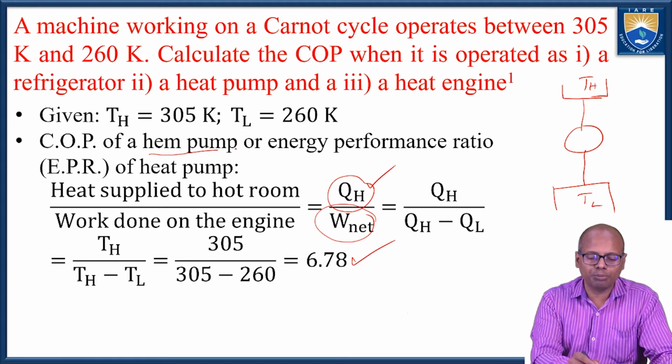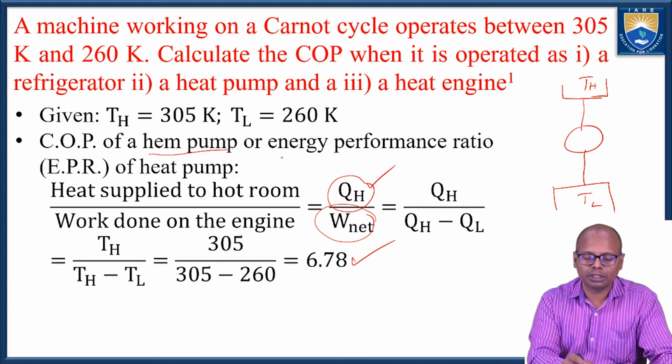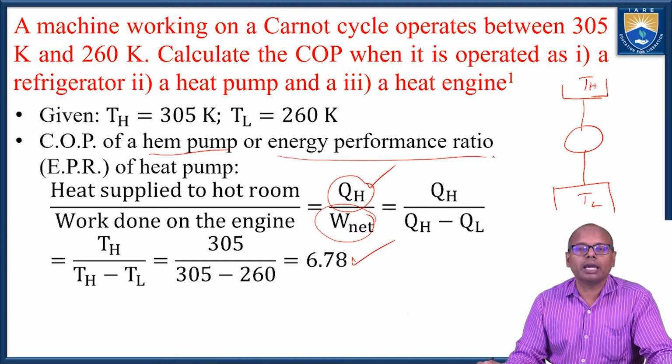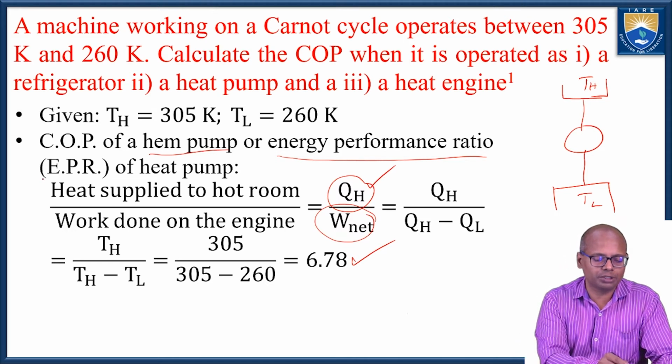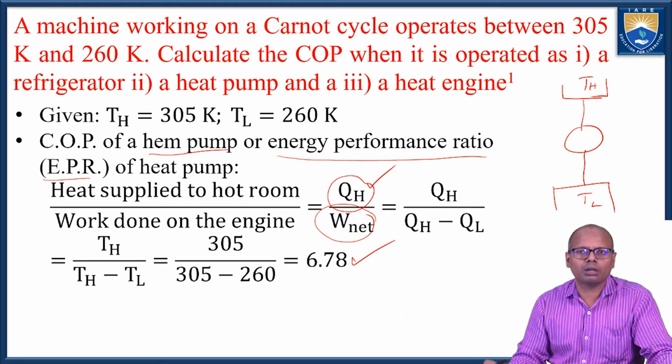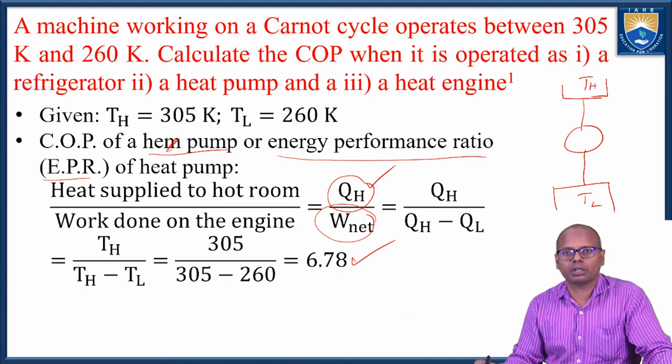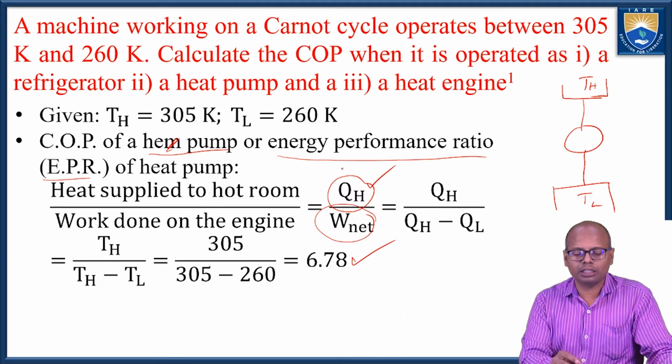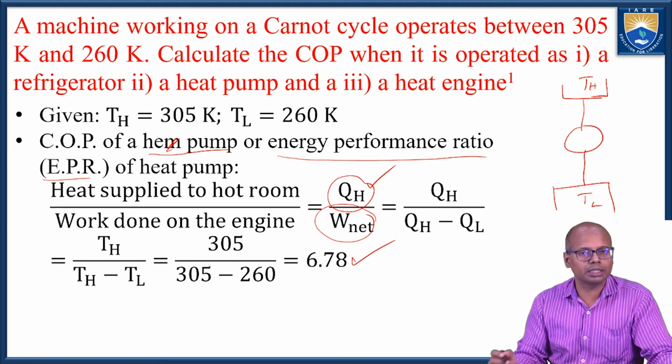Now the COP of a heat pump is also called the energy performance ratio, EPR. Sometimes they will ask EPR in the question. It is the energy performance ratio, or coefficient of performance. This is a heat pump, not a heat engine. So the energy performance ratio or COP of a heat pump is calculated like this.